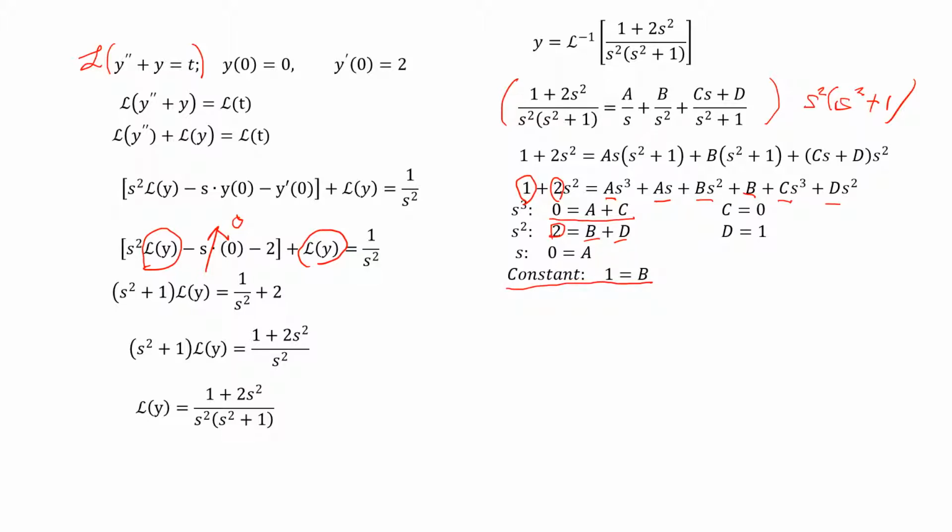Now, if b is equal to 1, then substituting it there, what is the value of d? 2 equals 1 plus d. Therefore, d is 1. Let's summarize.